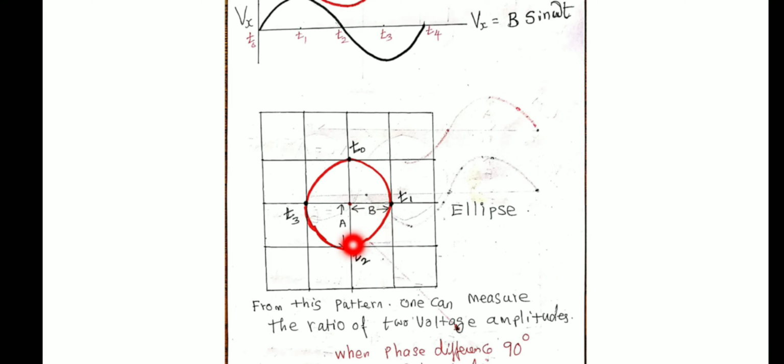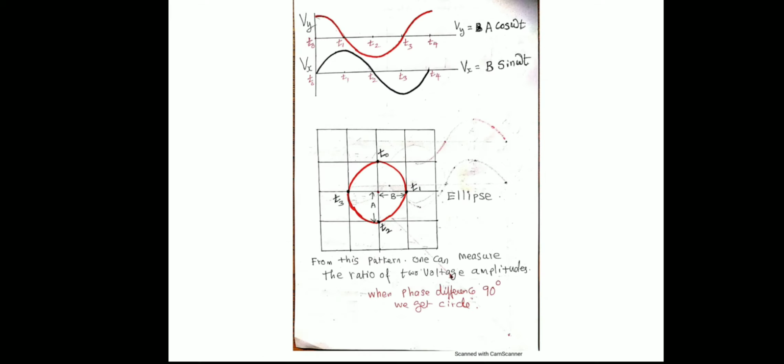So now it moves along this line from here, right? And again at t4 it moves from here to the left extreme. Hence the luminous spot moves along this circle, right? So when the phase angle difference is exactly 90 degree, the circle appears on the screen.